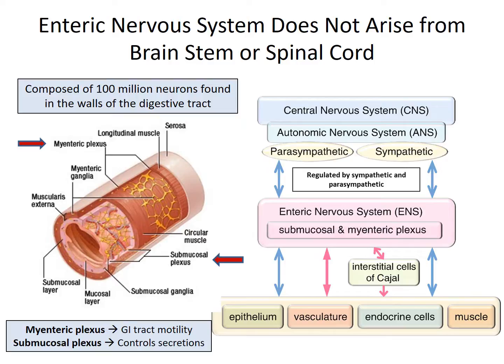The enteric nervous system does not arise from the brainstem or spinal cord. However, it is regulated by the parasympathetic and sympathetic nervous systems.